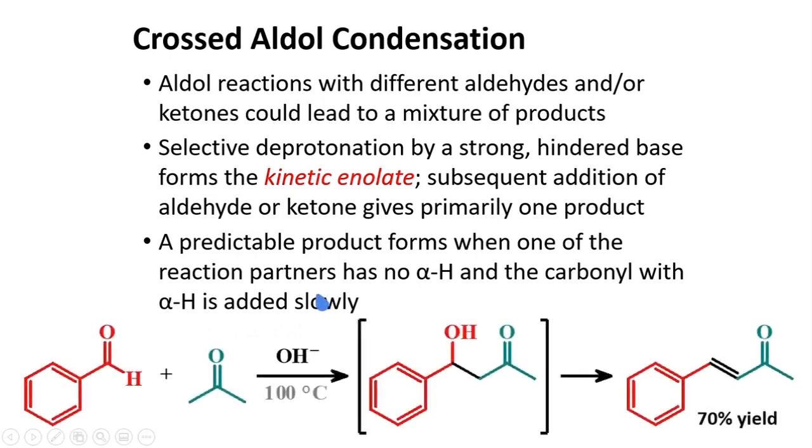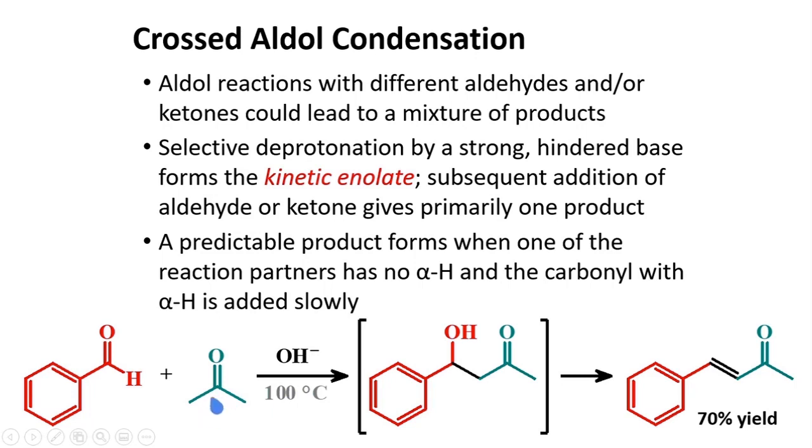Example of a compound that has no alpha hydrogen is benzaldehyde. Here, there are no protons that are alpha to the carbonyl. Benzaldehyde is mixed first with the base, and then another compound which has the alpha hydrogen is added slowly.